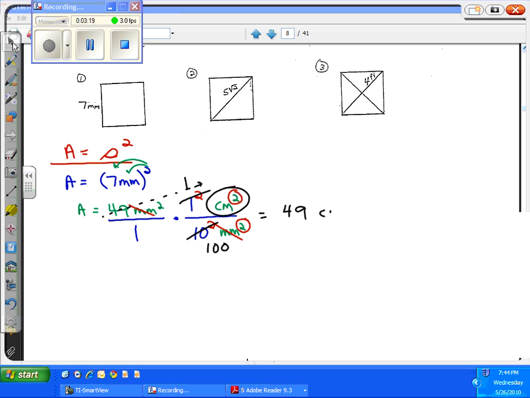And the name centimeter squared, the name milli disappeared. And we multiply the denominators, 100. If you take 49, divide 100, and get a decimal, you would have 0.49 square centimeters for the area. Okay? Let's see how we got that.